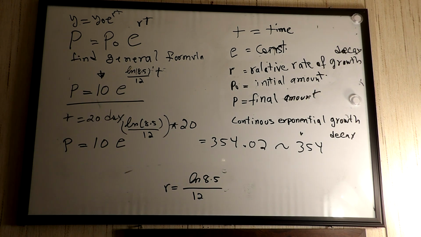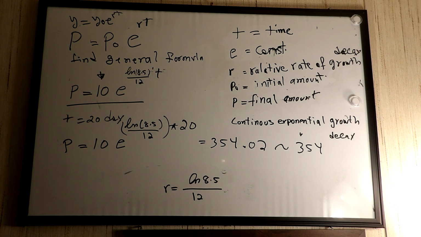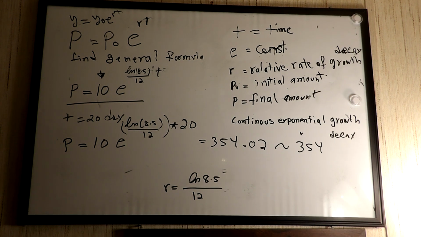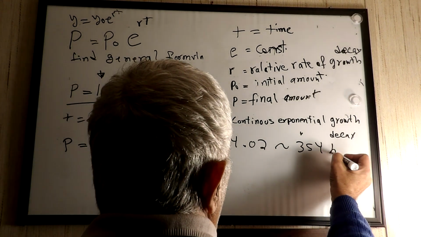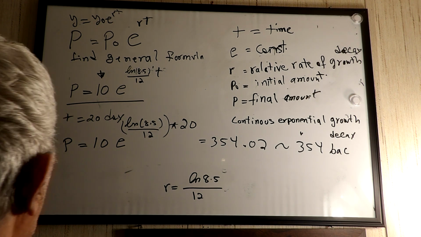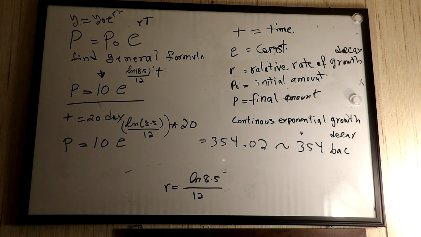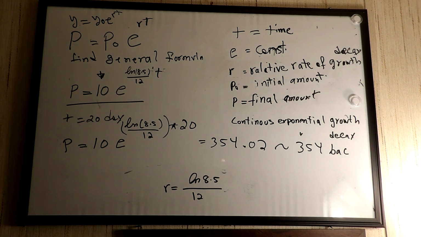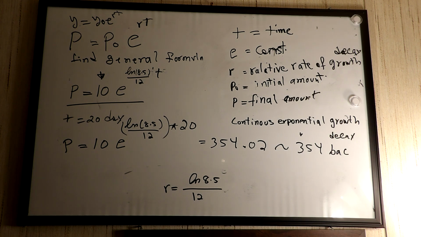So what we did here: we have the initial amount of bacteria, 10, and then the final amount when t is 20 days.